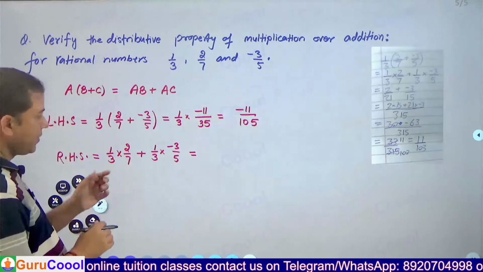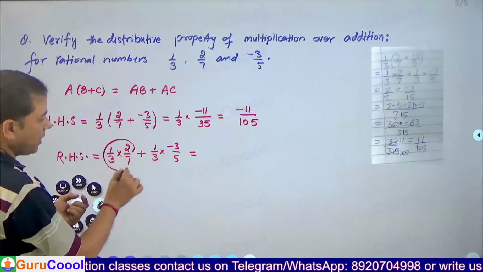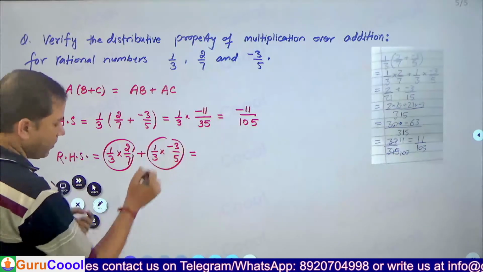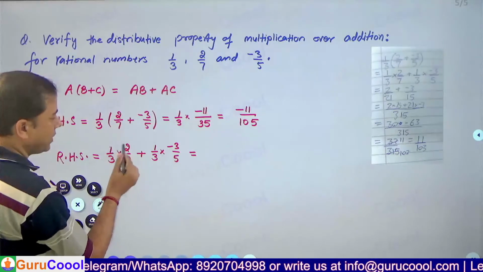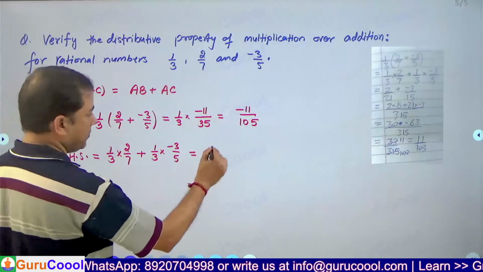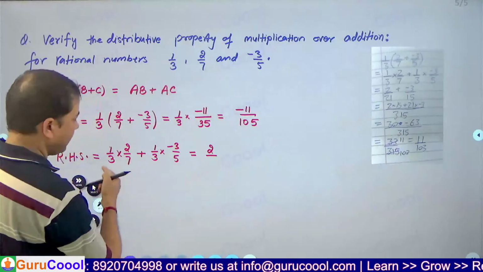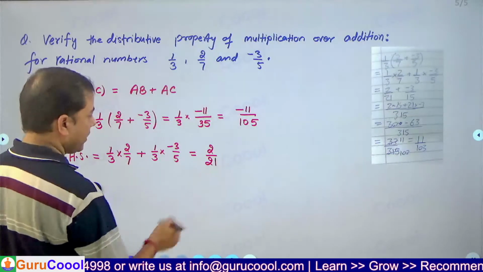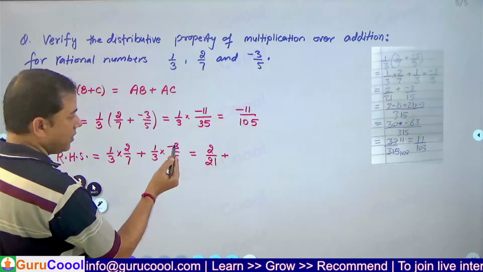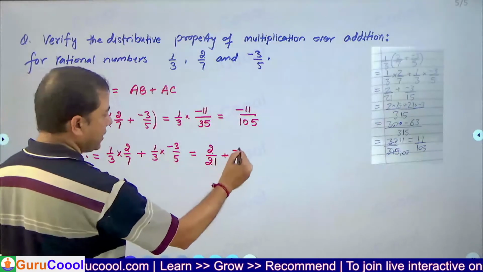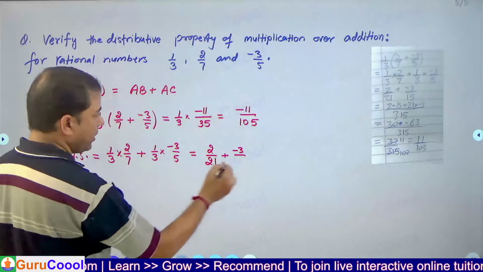These two are together to be multiplied, these two are together to be multiplied. So first one is going to be 2 divided by 21, 7 threes are 21. Now here plus sign, here minus 3 into 1, minus 3, 5 into 3 is 15.